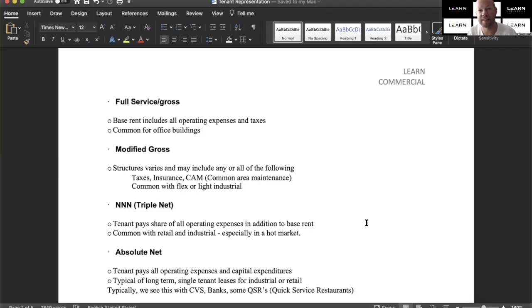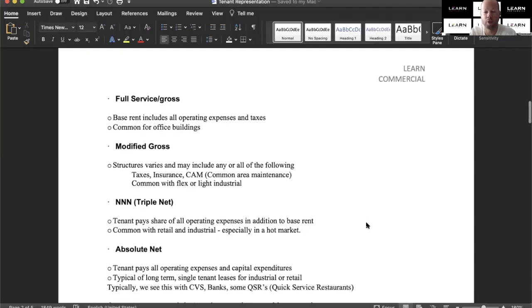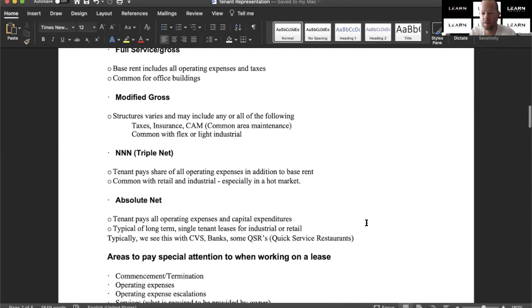On an absolute net lease, all of that falls on the tenant. You see some Walgreens, some banks have this, but absolute net lease, the tenant is responsible for everything. That's a pretty awesome thing. Yeah, CVS, banks, some QSRs, quick service restaurants.